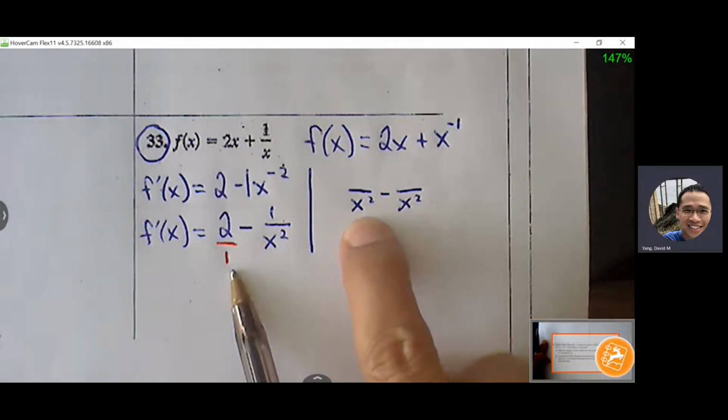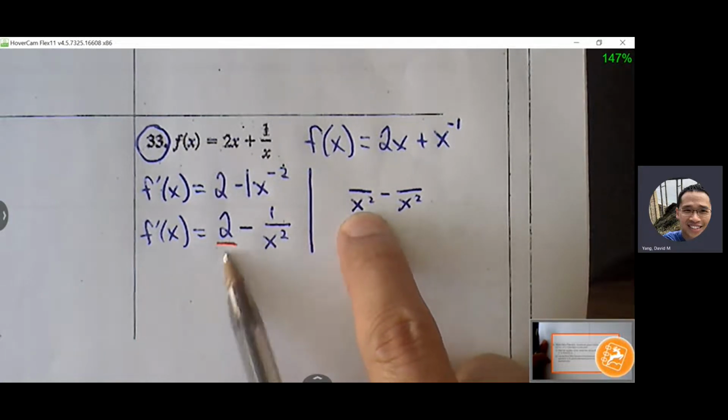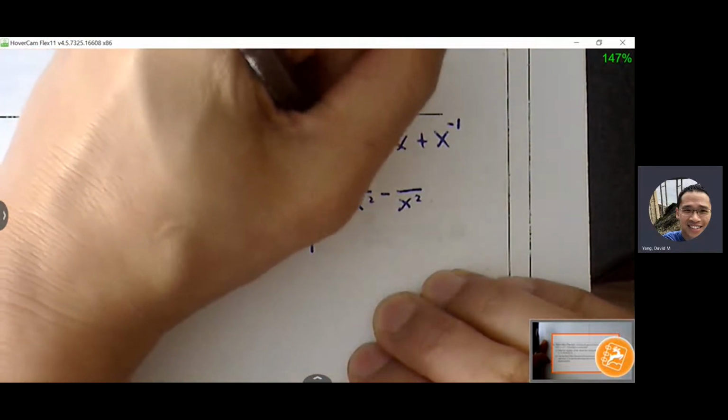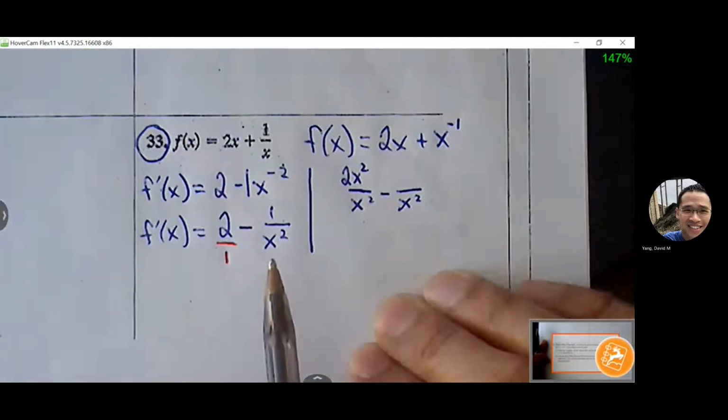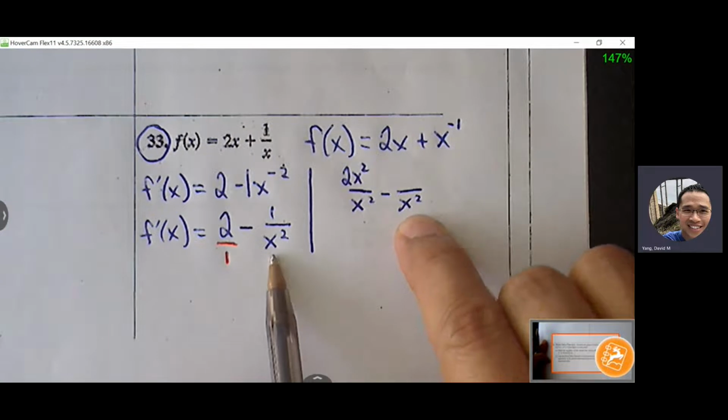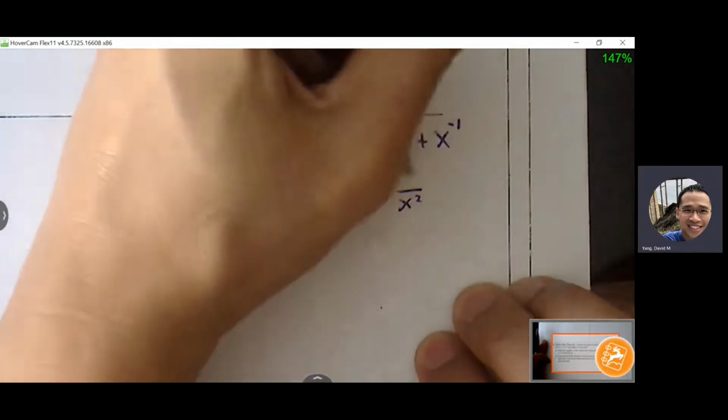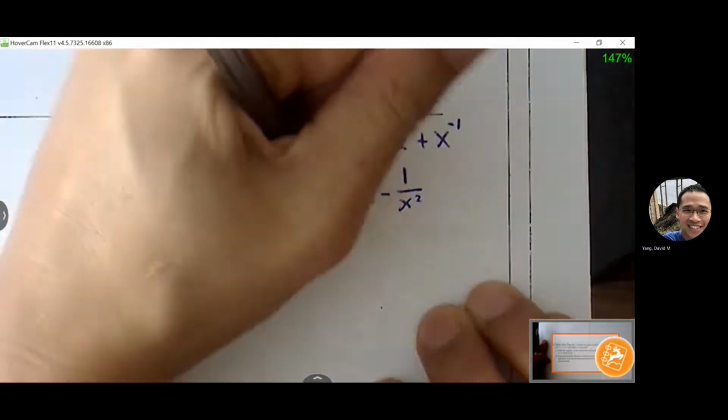And I'm going to balance each fraction. Here, from my old denominator to my new denominator, that's a difference of x squared, so I need to balance by multiplying the numerator by x squared as well. Second denominator, there's no change between the old and new, so I'll just carry that 1 down. So here's my f prime.